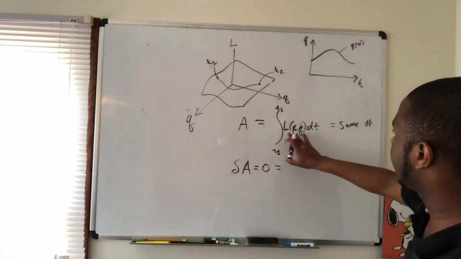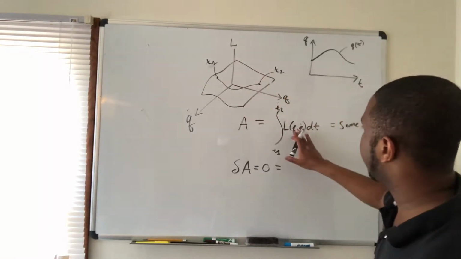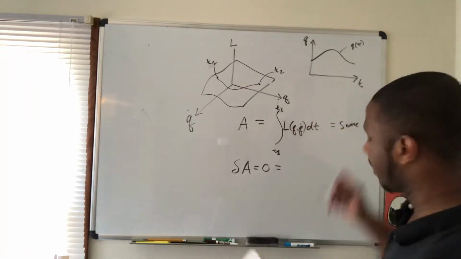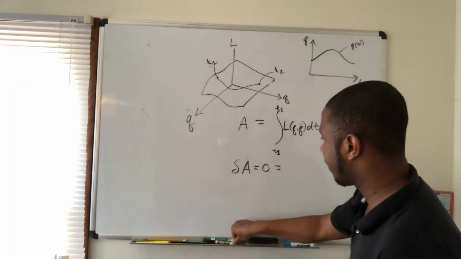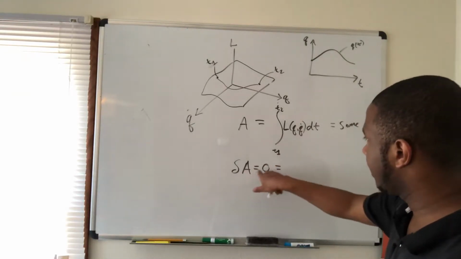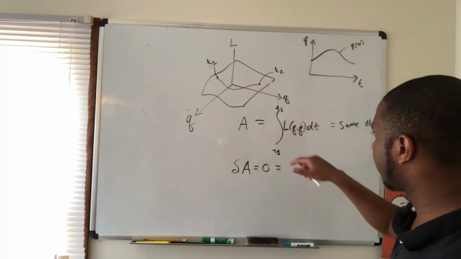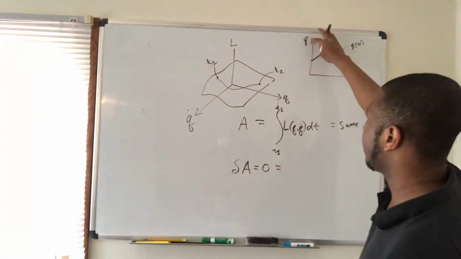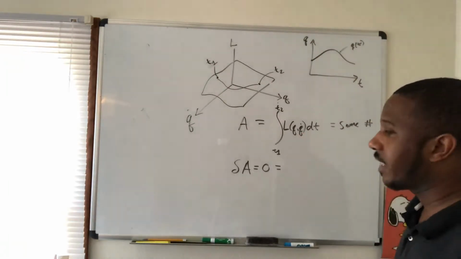And of course, we're saying that this function L is dependent on q and q dot. I haven't drawn q dot yet. How do we evaluate this? What do we do to see if we make some small change in L? Well, maybe you make a small change in q and q dot, right?